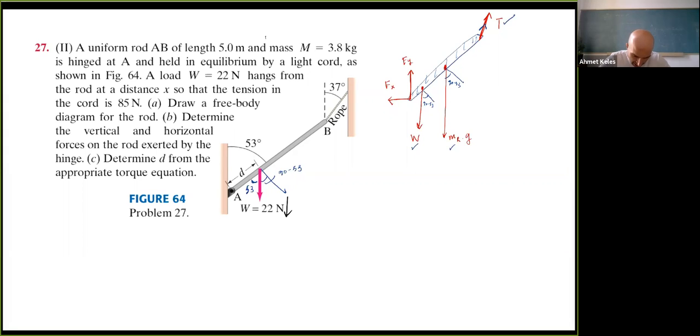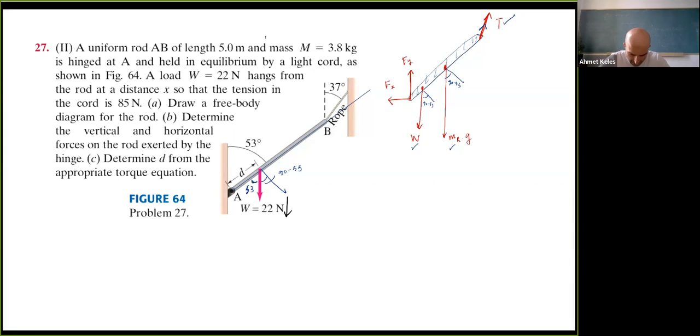And here I need to calculate this one too, right? This is T, this has one component like this, the other like this. Obviously this one will have no torque, but this one will. So I need to calculate this component. For that, I need to calculate this angle. So maybe I can draw a solid line from here like this.